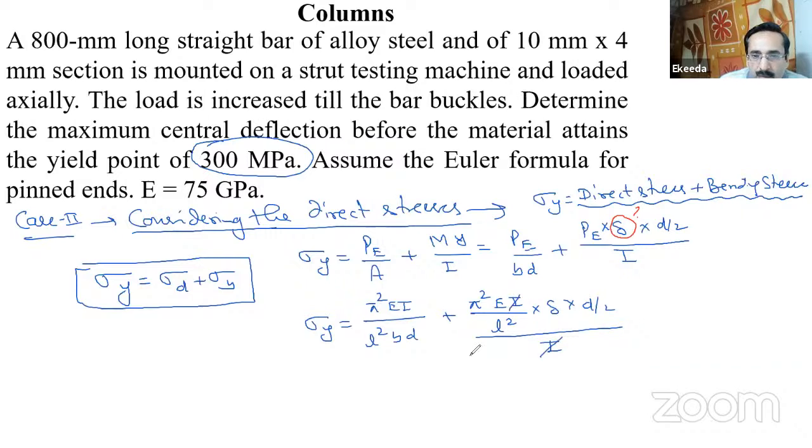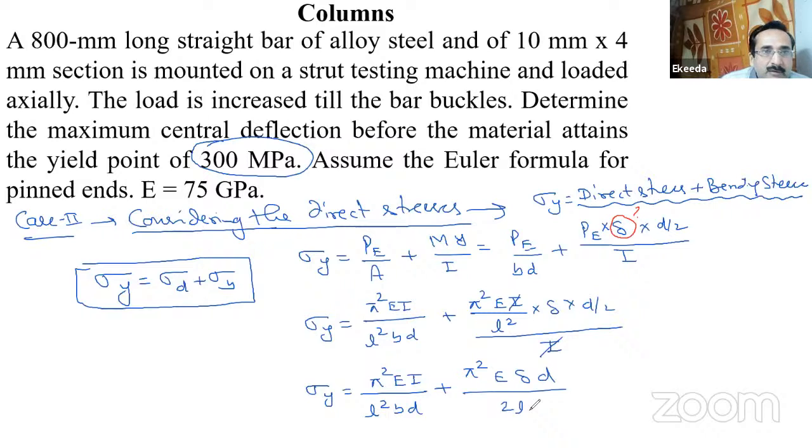I to I will cancel out, and finally sigma y will be equal to pi square E upon L square BD plus pi square E delta into D by 2L square, right? This delta we have to find out. Put the values, all the numerical values are available to us, and you will get the final result of delta.